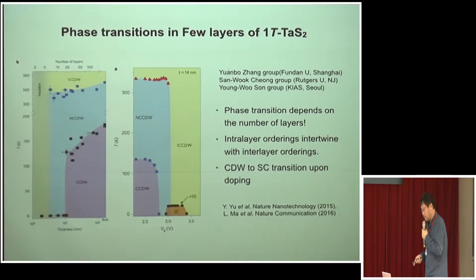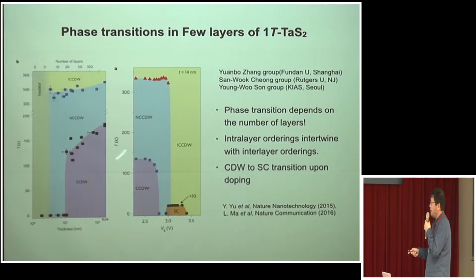In this case, we discuss 1T tantalum disulfide. You can see that as a function of gate or number of layers, there are multiple phases, incommensurate CDW or commensurate CDW. Even superconductivity can appear.